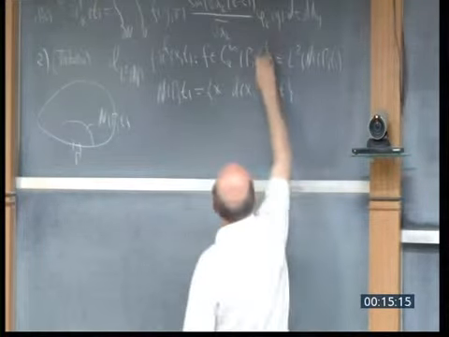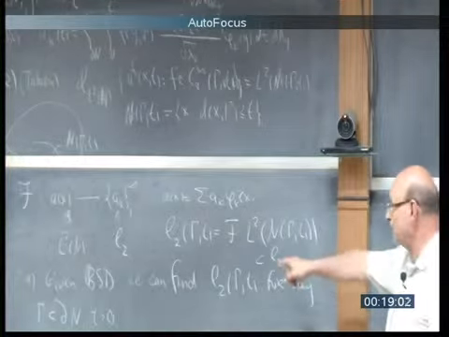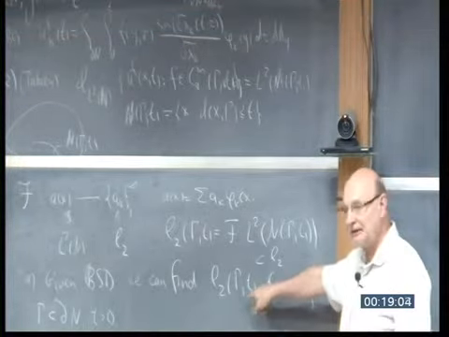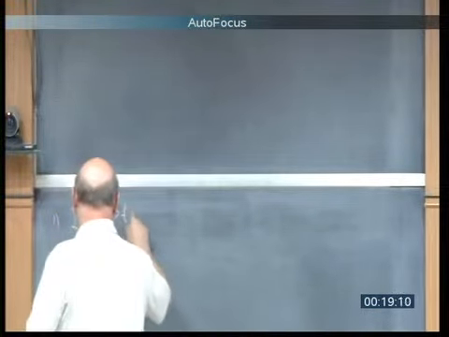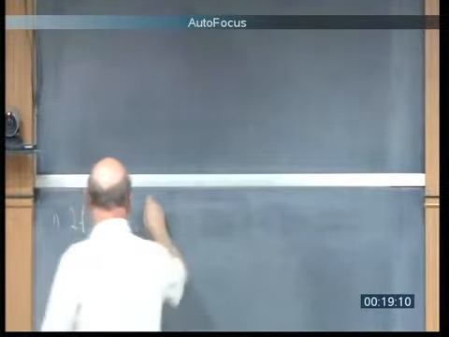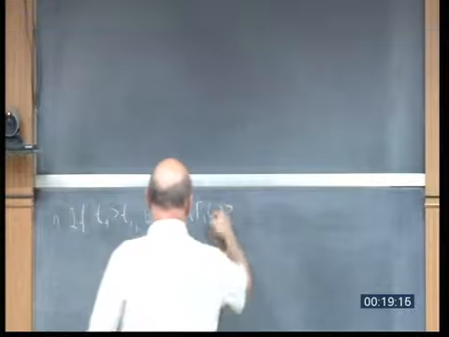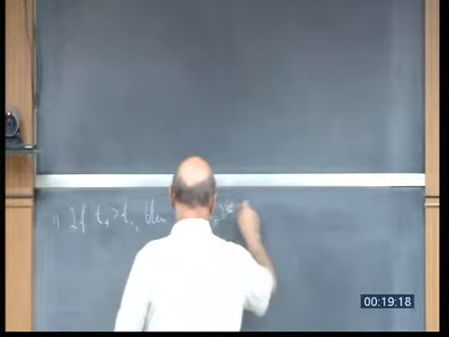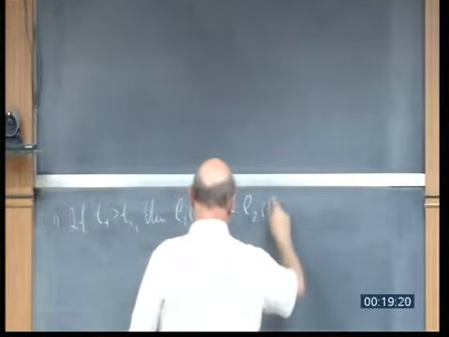So, for example, let's look at the simple properties of this l2 gamma t. First property: if T plus is more than T minus, then l2 gamma T plus is larger than l2 gamma T minus.